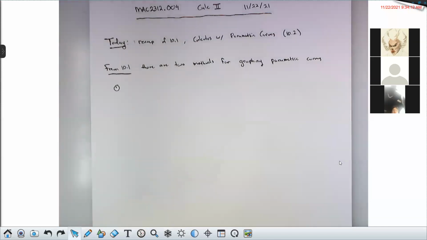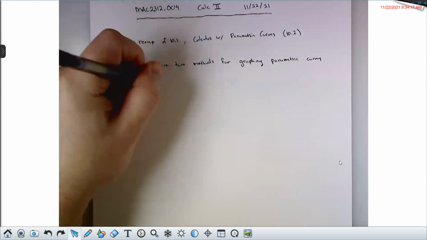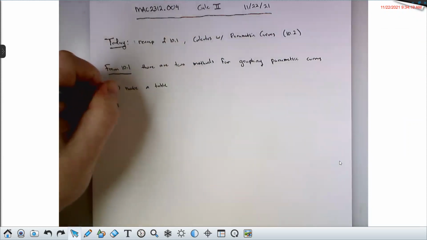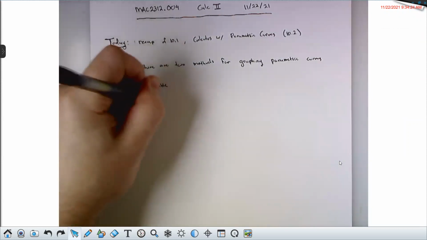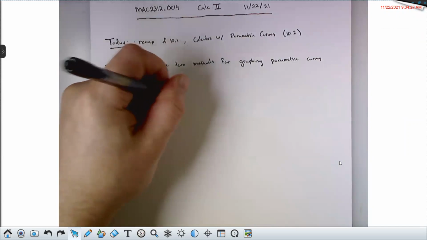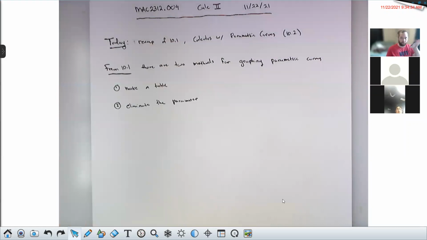You can just make a table, or you can eliminate the parameter. Making a table is what it sounds like. You just make a table where one of the columns is t values and the other column is the ordered pair x comma y. And then you plot those in order as t increases, and make sure to include the little arrows to show orientation.